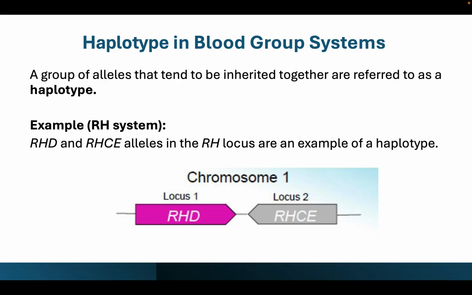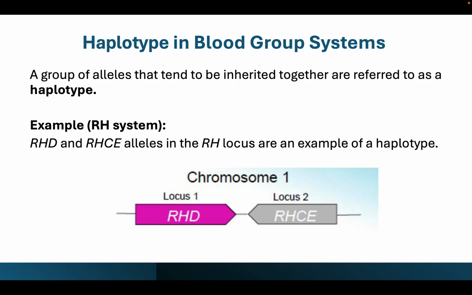Another genetic terminology is the haplotype. Let's see the example first, then we can understand the definition. On chromosome 1, the Rh genes are located at locus 1, RHD, and locus 2, RHCE. They are close to each other and they tend to be inherited together.